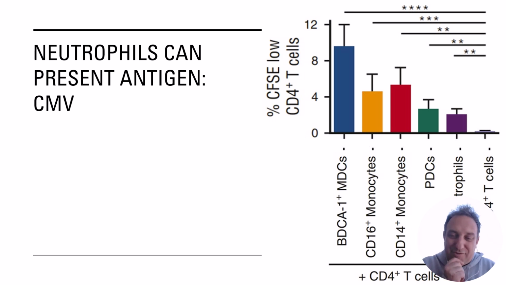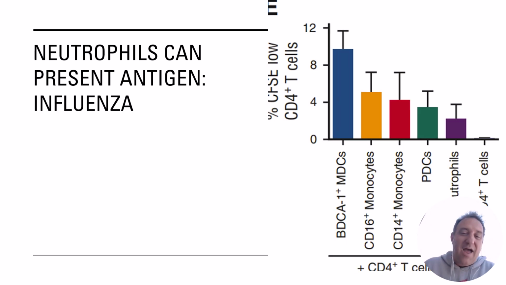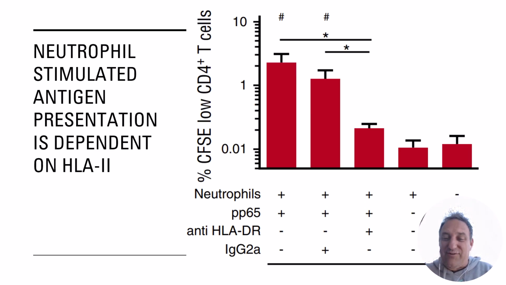But so do neutrophils on the far left. So even though the neutrophils are not as potent antigen presenting cells, they actually present antigen. In this figure, they use CMV. In the second figure, they use T cells that have been primed against influenza. So in both cases, they show that a neutrophil can present antigen and stimulate T cells.